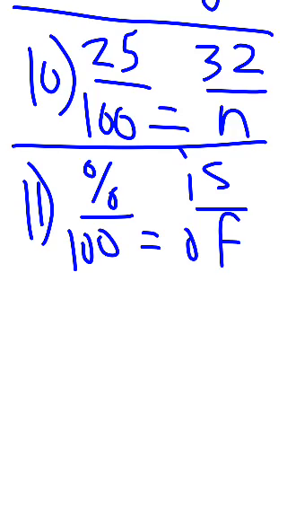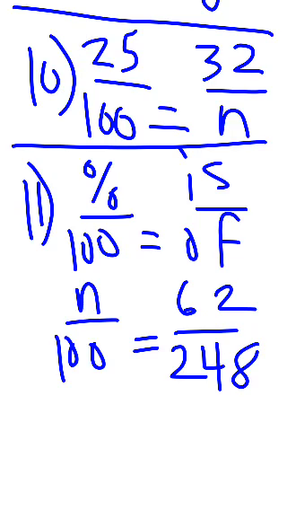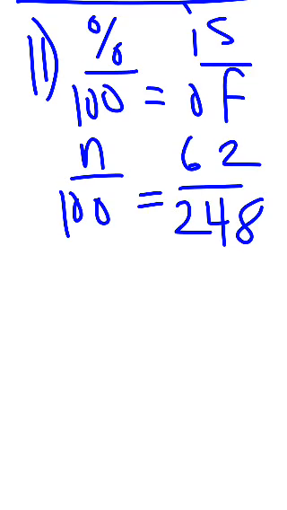Now let's fill in our given information. Right, the percent is the unknown, so in place of your percent sign, put your n. The other side, 62 over 48. Now you have the correct proportion.